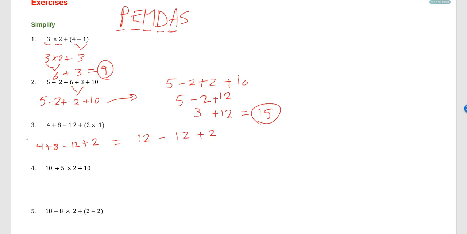I do have addition, but I would be starting with a negative number, and I don't want to do that, so it's preferable to start with the positive number. So I have positive 12 here, minus 12, so I'm going to do this subtraction, right? So positive 12 minus 12 is 0, plus 2, which gives me 2.